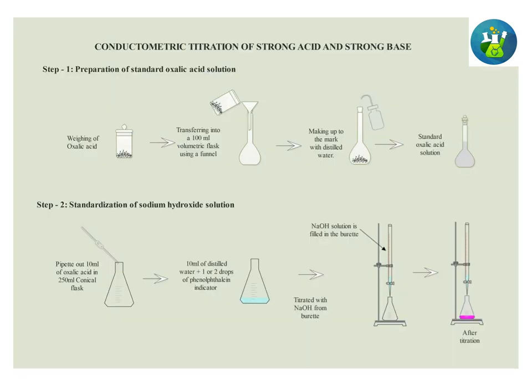Then this is a simple flow chart, as we are going to do the experiment with a strong acid and a strong base. I have taken hydrochloric acid as the strong acid, and sodium hydroxide as the strong base. Here in this experiment, both the strong acid and strong base are secondary standard solutions.